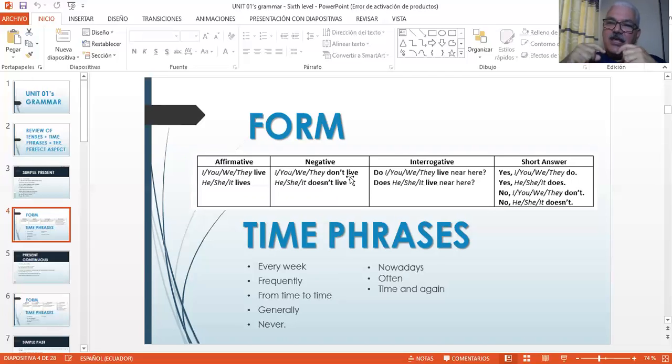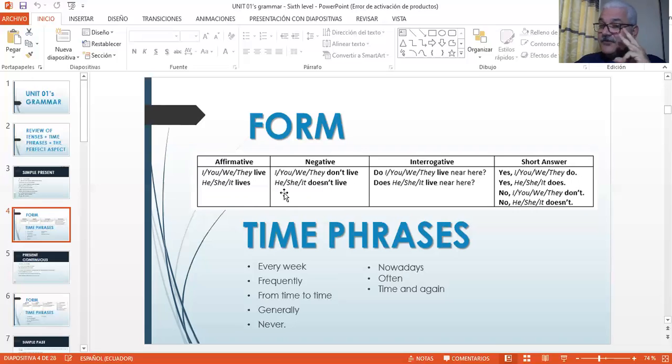I don't live in Japan. You don't live in Russia. They don't live in Chile. We live, all of us live in Ecuador. Okay? So this is negative because we use the auxiliary do plus the negative particle.